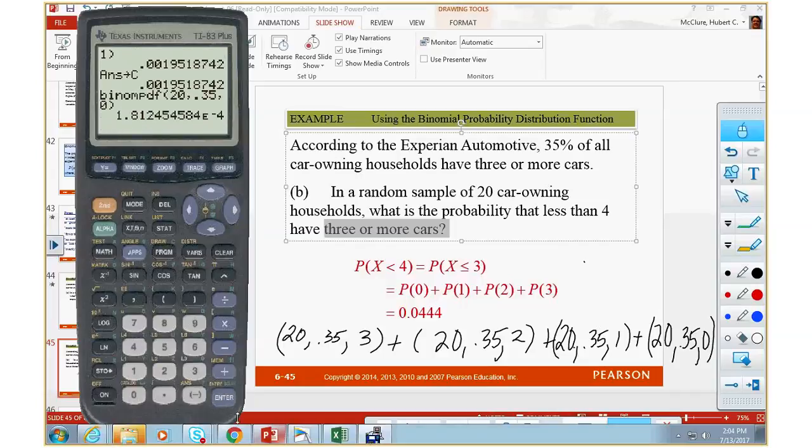Stow, alpha D. And now clear, alpha A plus alpha B plus alpha C plus alpha D. Enter. 0.0444. Look there, we got it right.